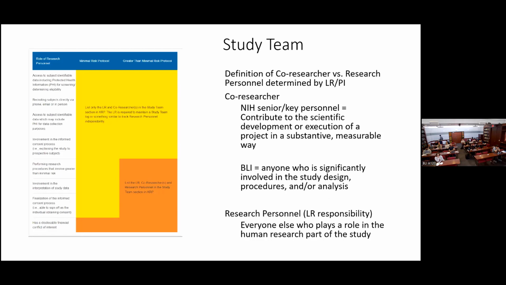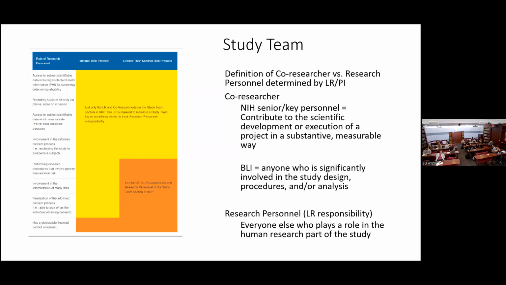I will mention that Jessica told me recently that IRB considers the co-researcher definition as the same definition of what NIH considers a senior or key personnel, which usually is a faculty or project scientist.